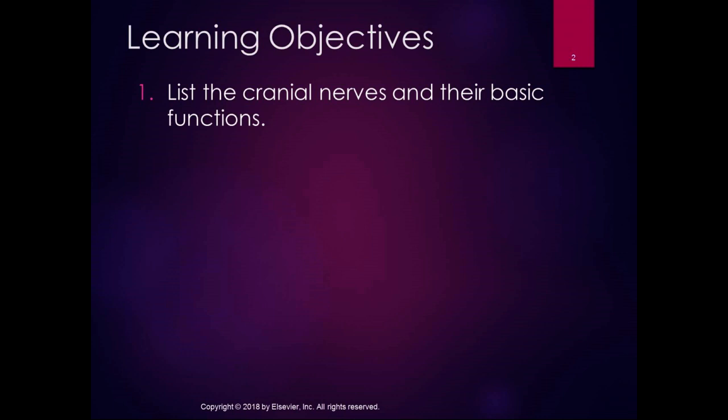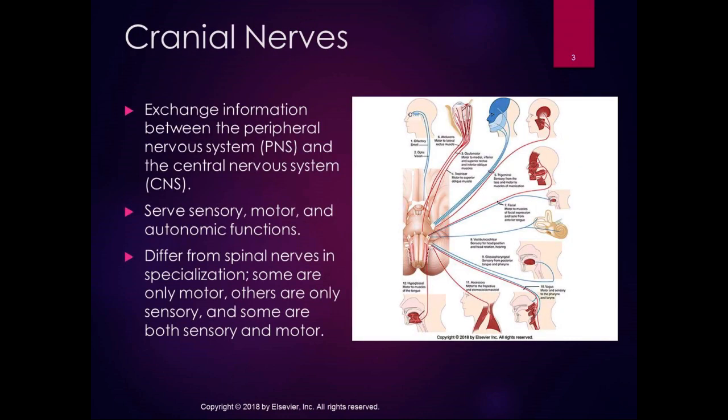So if I asked you what cranial nerve 11, the spinal accessory nerve, does, you would say that it's a motor nerve. It elevates the shoulders and turns the head. And as we learned in kinesiology last spring, it innervates the upper trapezius and the sternocleidomastoid. So those are those head turning muscles. So it should be pretty easy.